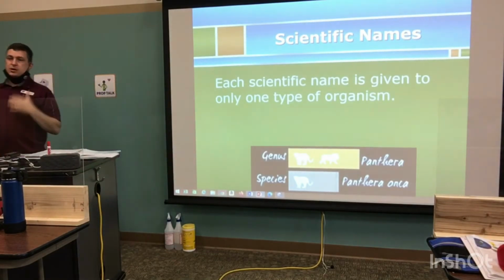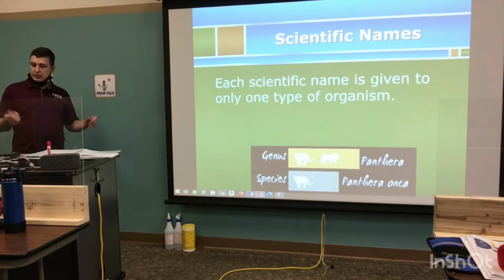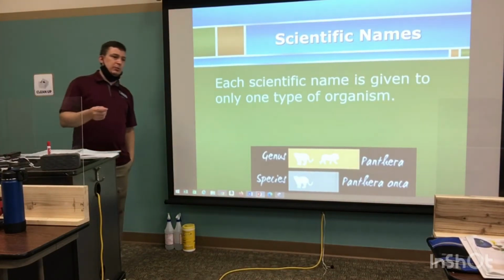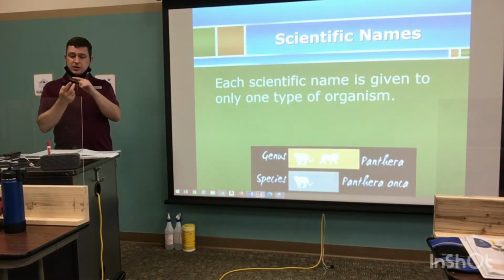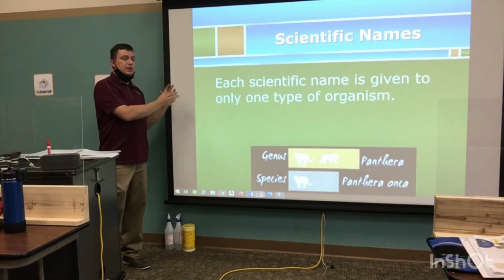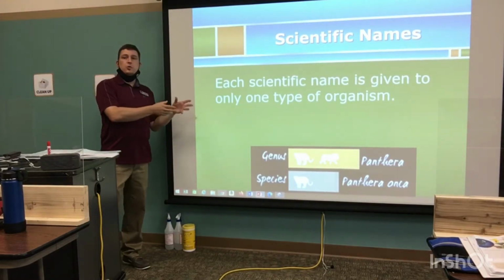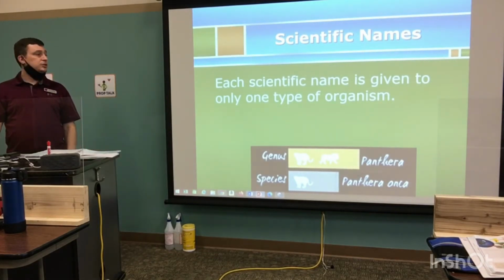Now, you need to know some things about this naming system. You, for example, probably have 3 names. Some of you might even have 4 names. I have 3. Mine's Eric Quentin Whitaker. I have 3 names. But in the scientific naming, we always use 2. Every species gets 2.